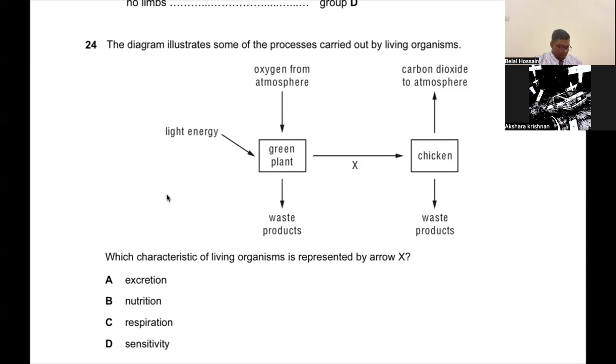Isn't it nutrition? X is nutrition, correct. So green plants produce, let's say, corn or maize or something like that, and chickens eat it. So nutrition, very good.